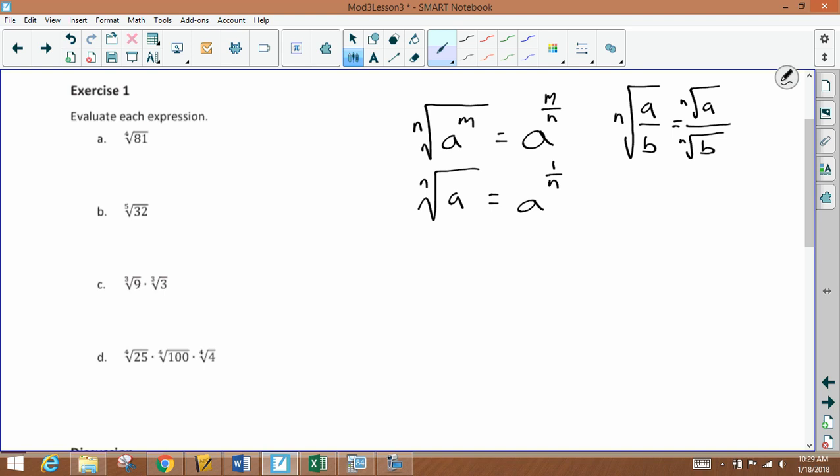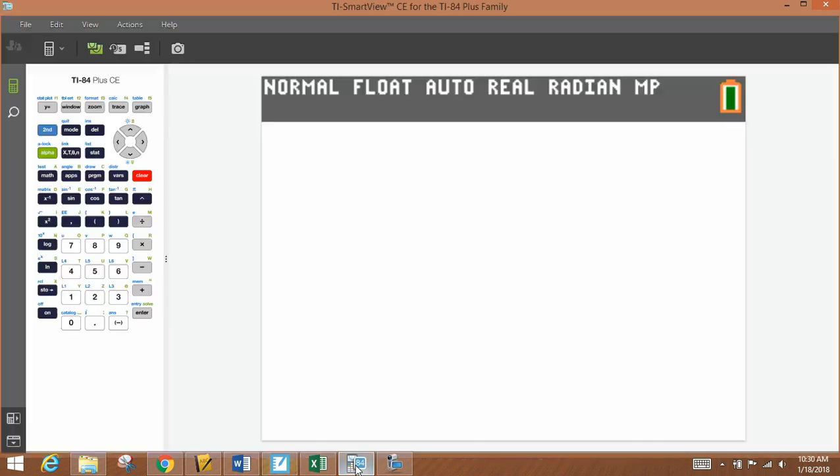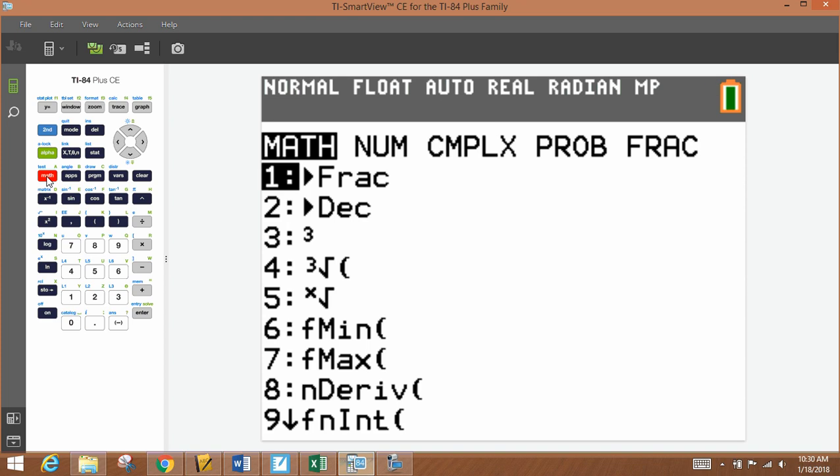So, we could rewrite this. If you didn't know what this is, you could rewrite it like this. It's 81 to the 1/4 power. And you can go to your handy-dandy calculator. And if you have an operating system that allows you to do it, the easiest thing would be to go to selection number 5.